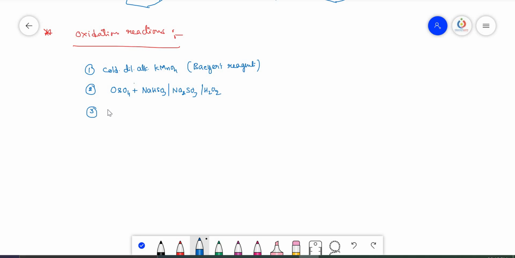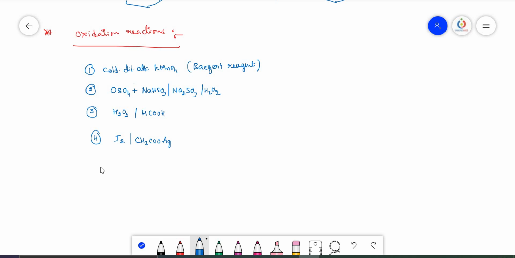The third one is H2O2, hydrogen peroxide, with a carboxylic acid, that means formic acid. The fourth reagent is iodine with CH3COOAg, silver acetate.